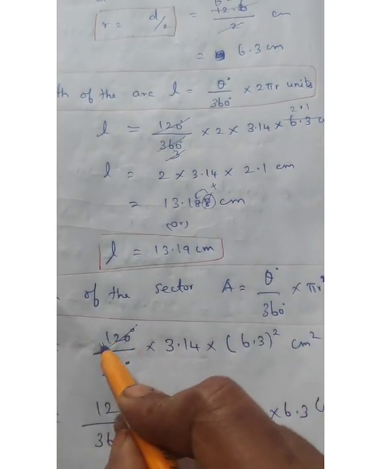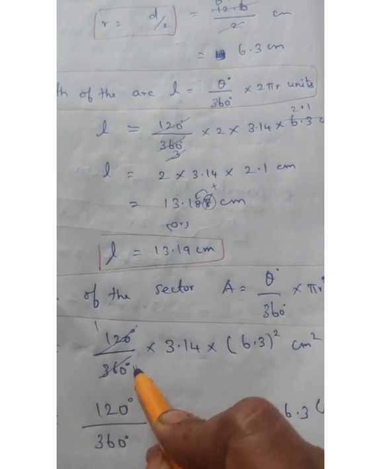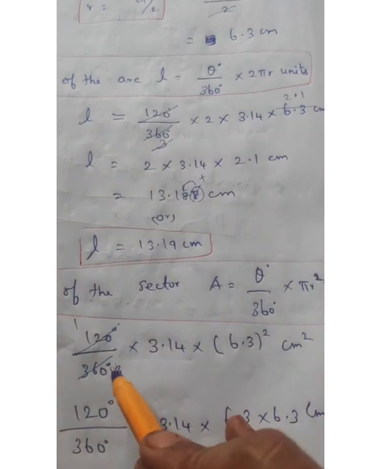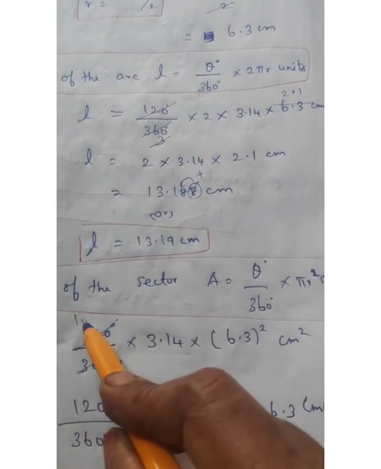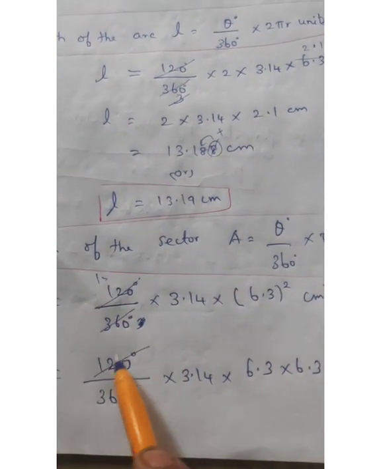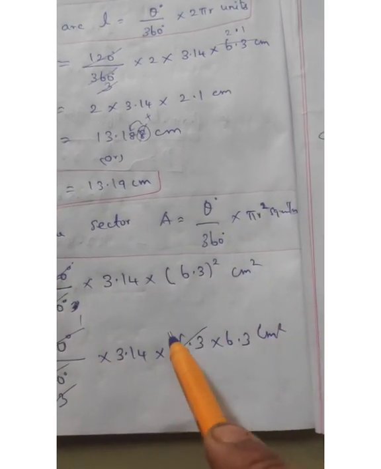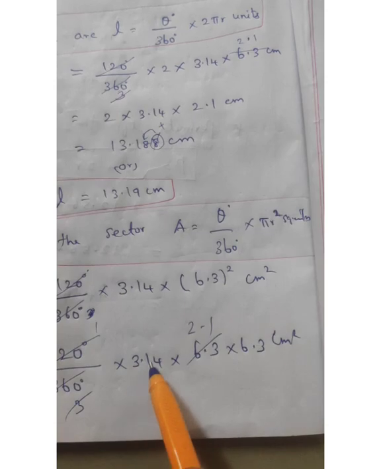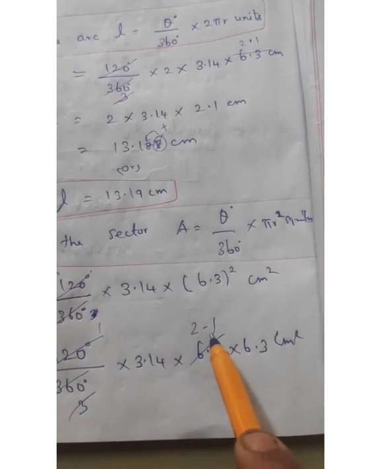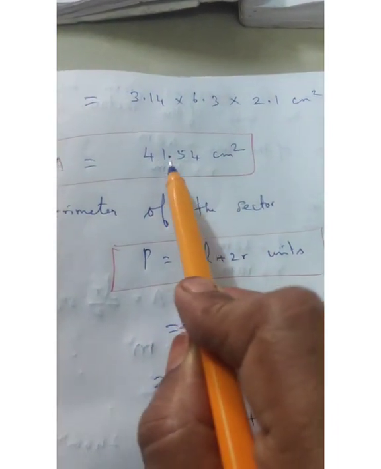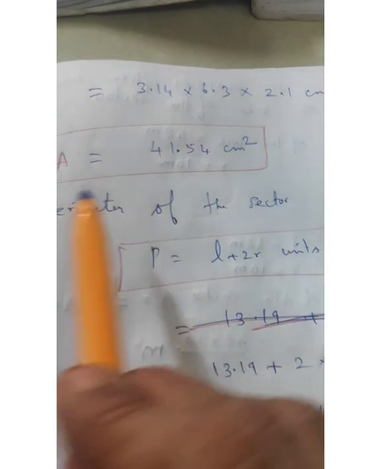Cancel the number: 120 is 120, 120 is at 360 degree, 1 3 is 3. So 3.14 into 2.1 into 6.3 centimeter square. Multiply and write the answer equal to 41.54 centimeter square.